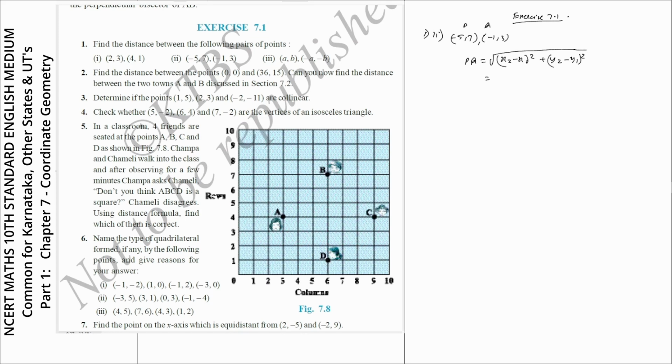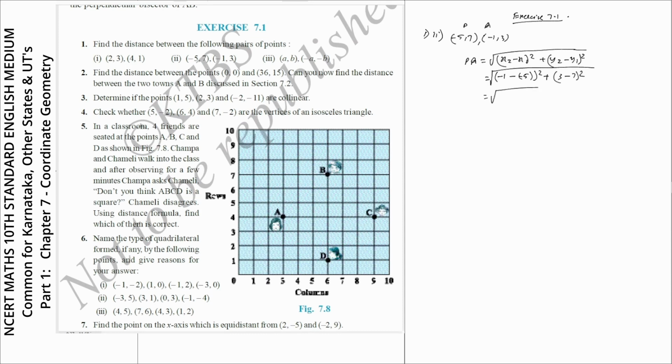So x2 is minus 1 minus of x1 is minus 5. So minus of minus 5 the whole square plus y2 is 3 minus y1 is 7 the whole square.